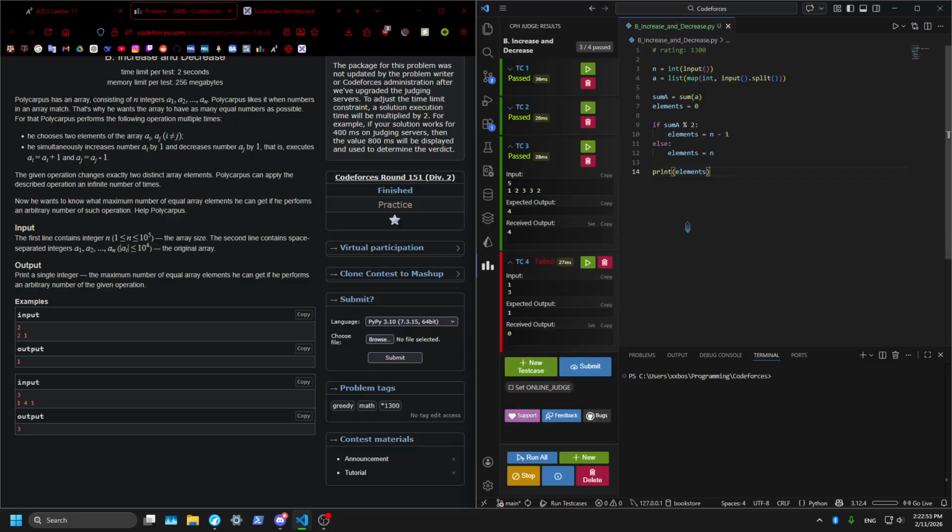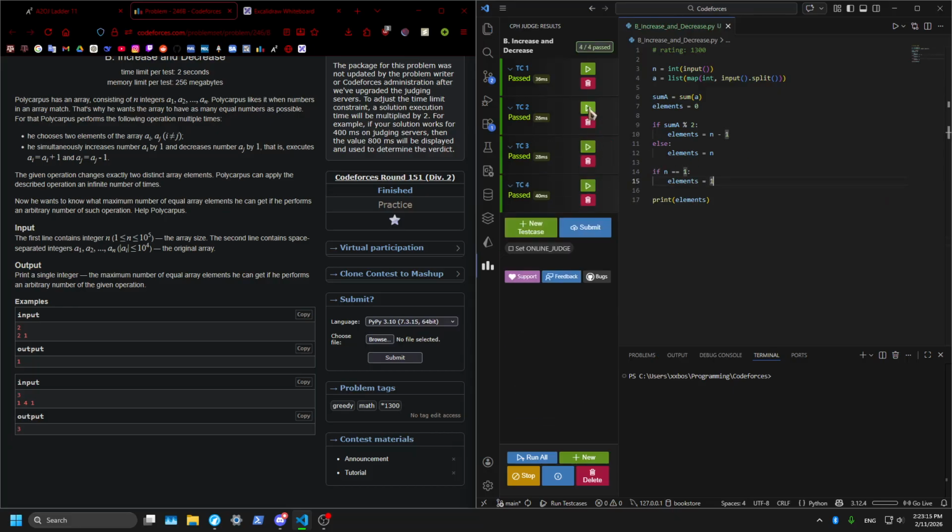Okay. If n equals 1, elements equals 1. Okay. What else could possibly break this?